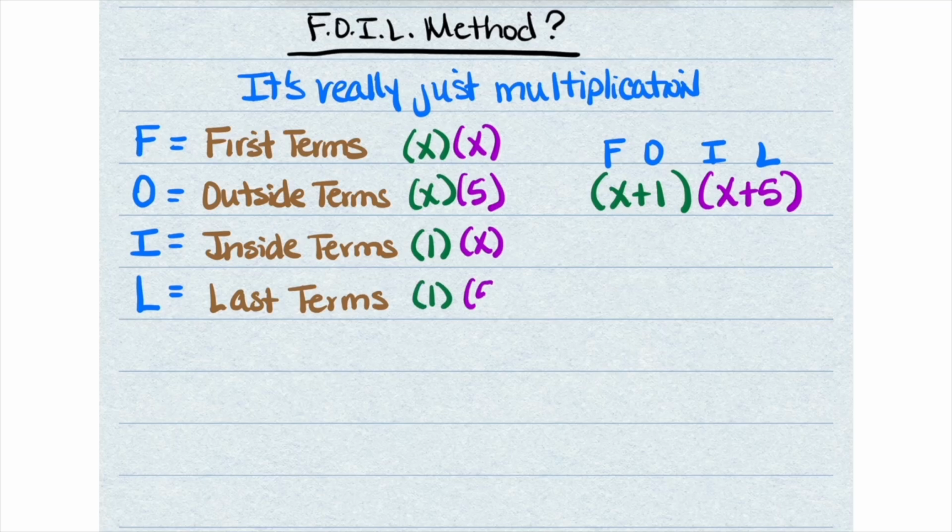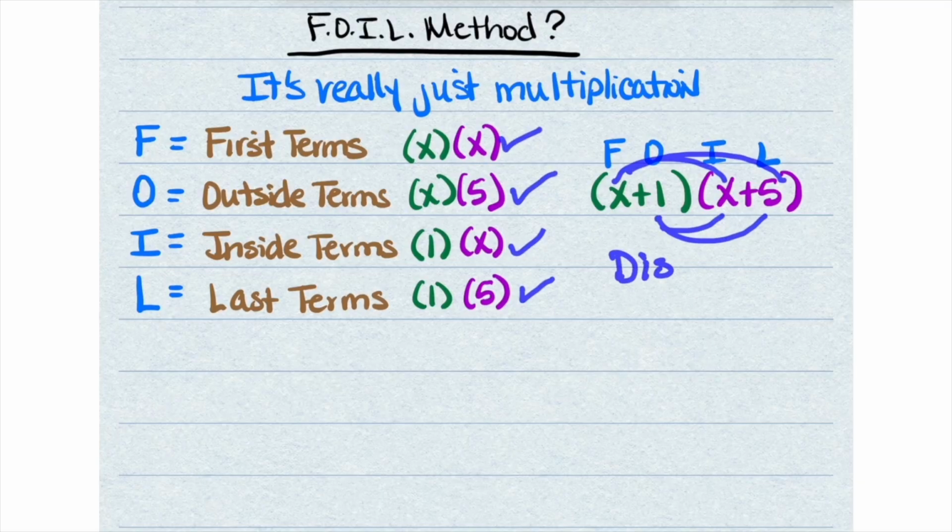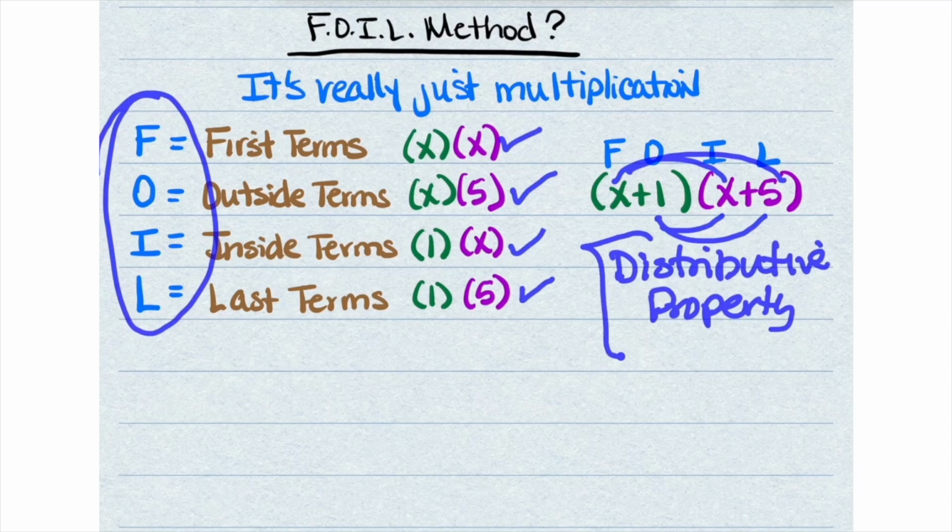Now, again, if you don't remember the FOIL method, you can take the x times everything, x times x, x times 5, and then take the 1 times x, 1 times 5. The distributive property still works. So until you can get to the point where you memorize what it means, do the distributive property.